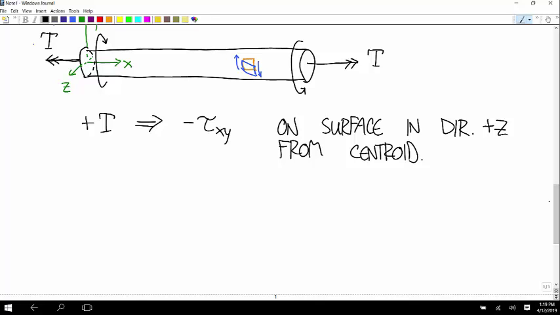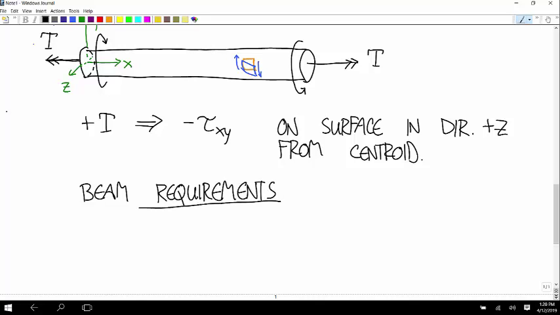We can do this for two different cross-sectional shapes. So the beam requirements. First, we can do it for round cross-sections, circular.